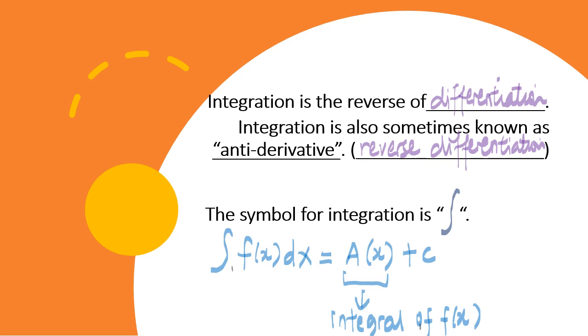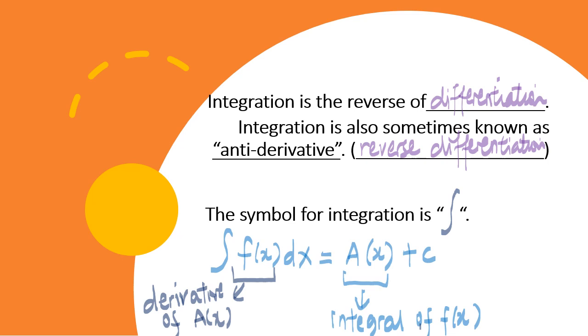Then on the other hand, f of x is the derivative of A of x. It means that when I differentiate A of x, I would get f of x.